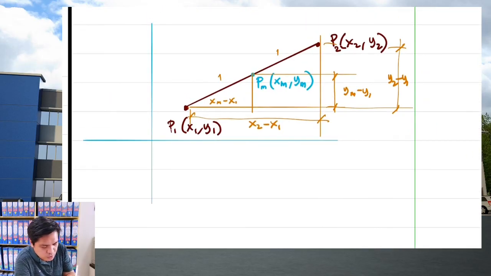So, let's take the ratio of the hypotenuse of the small triangle to the hypotenuse of the larger triangle. So, the ratio is 1 part is to 2 parts. Okay? That is equal to, or that is proportional to the ratio of the base of the smaller triangle to the base of the larger triangle. So, that would be xm minus x1 over x2 minus x1.